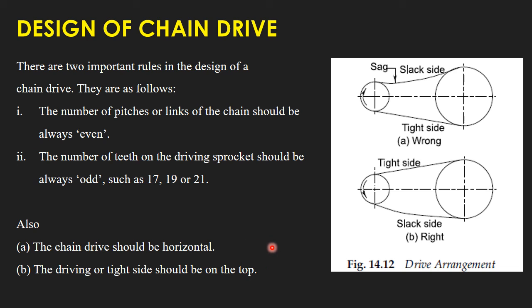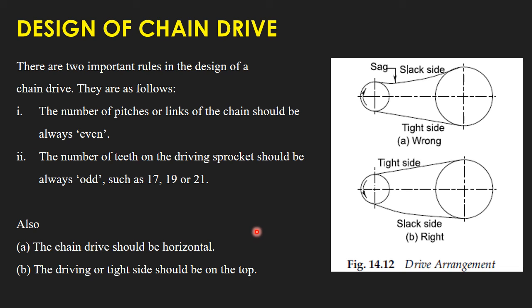If slack is taking place, then the chain which is wrapped around the sprocket at the bottom will ride out of the sprocket very easily, right? The chain will come out of that sprocket at the bottom if we use a vertical chain drive.